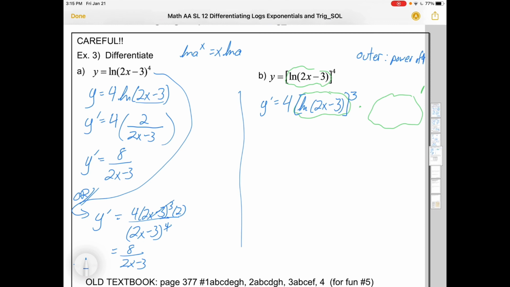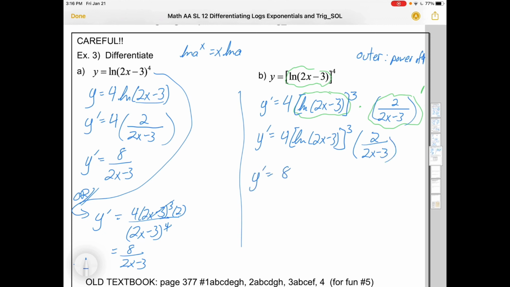Well, the glob itself is a logarithm, so its derivative is original on the bottom, derivative on the top. I missed the octave there. Sorry, folks. So we could write that as 4 ln 2x minus 3, that thing's all cubed, times 2 over 2x minus 3. Or we could write it as 8 ln 2x minus 3, all cubed, over 2x minus 3.